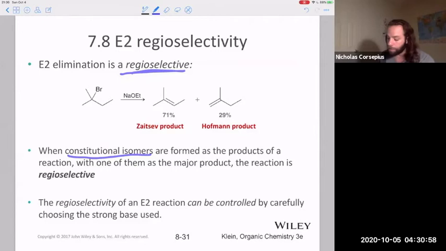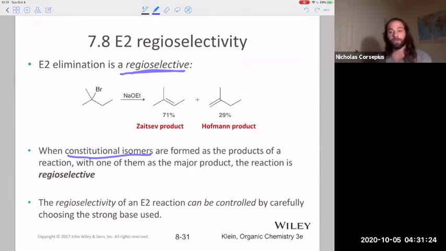So this is what we would call a regioselective reaction, when you have two different constitutional isomers that can be formed, and you have to consider which one would be formed in that particular case. In this case, specifically given this base, we're going to see that the more stable alkene will be formed, the more highly substituted.